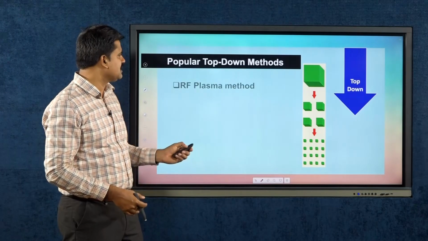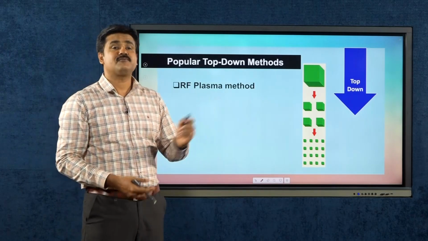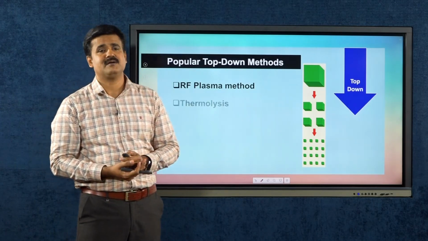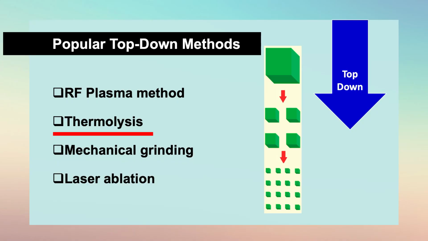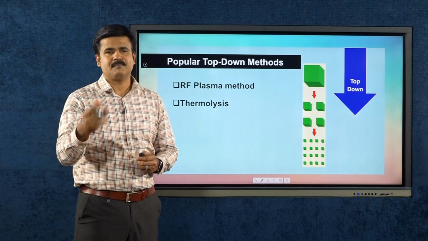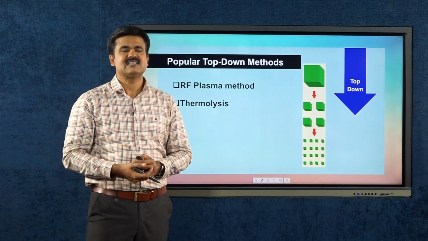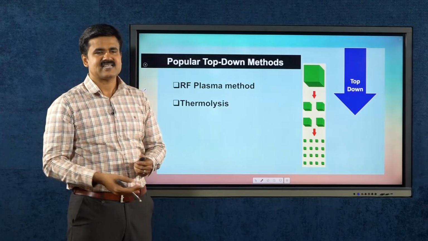The top-down methods include the RF plasma method, that is, the radio frequency plasma method. Next one is thermolysis. Thermo means temperature, lysis means fission. You are heating something to get the nanoparticles. That is what actually happens in thermolysis. We can enter into details in coming slides.